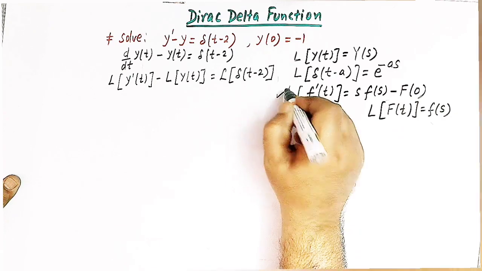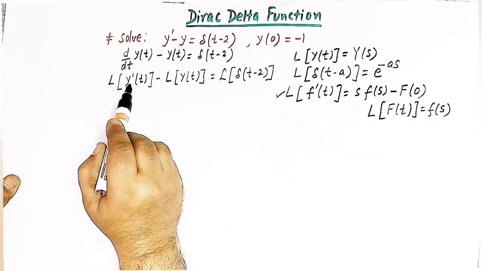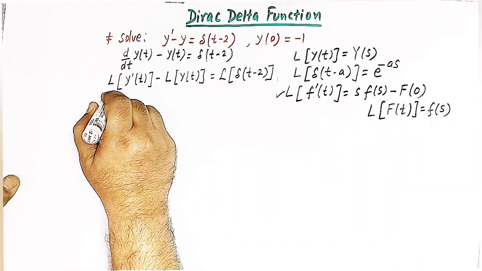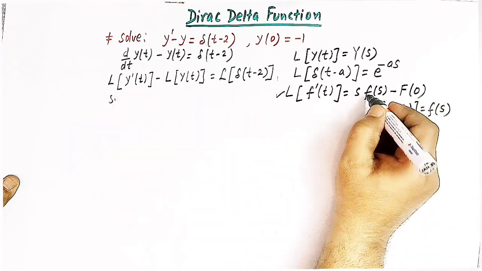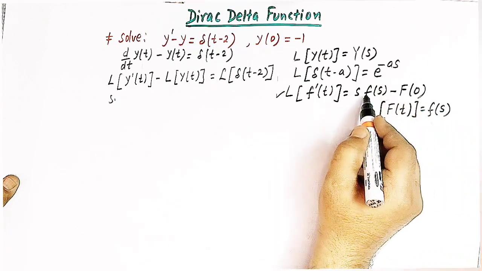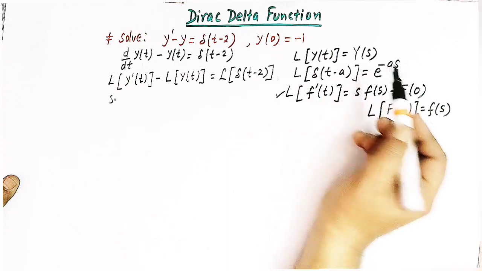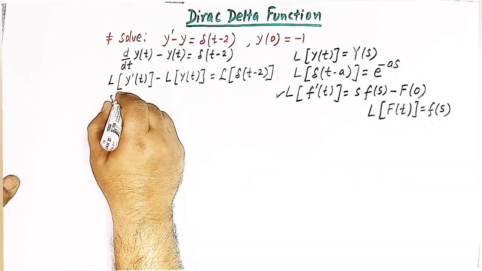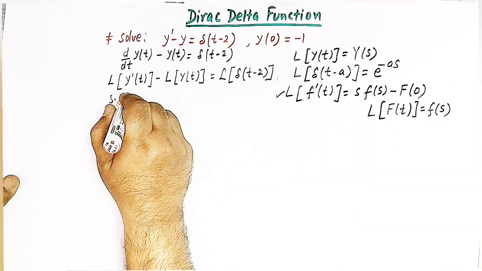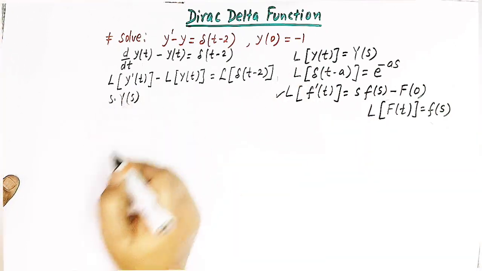So using this result for y prime of t, we can now write here s times the Laplace transform of y of t, that is capital Y of s, right?